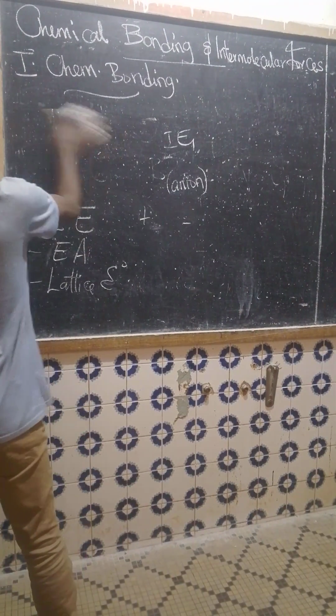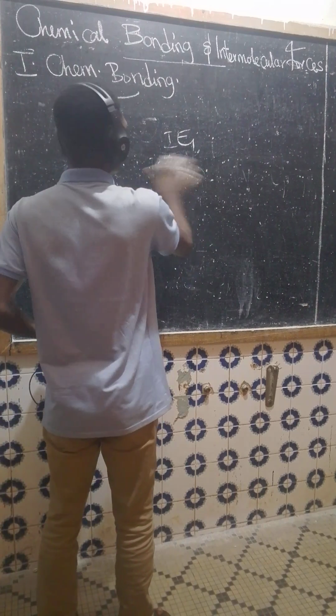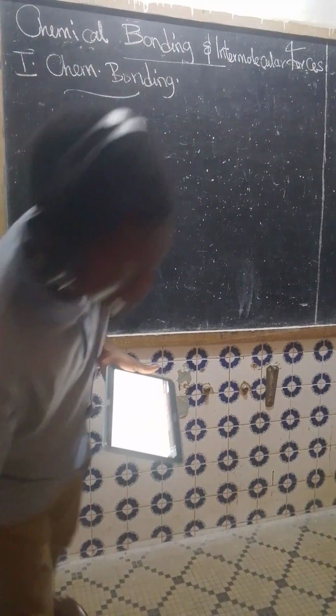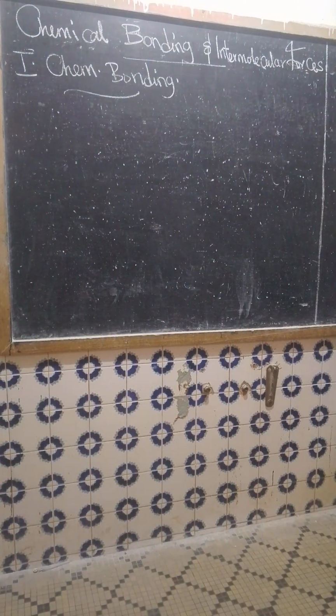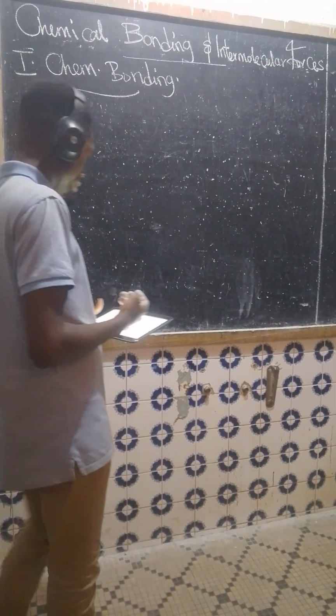When we talk about ionic compounds, we mean compounds that are formed through ionic bond.